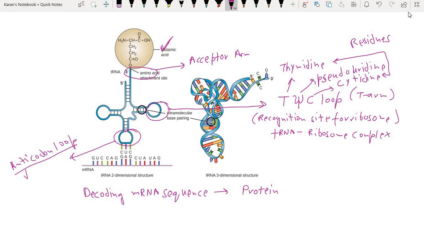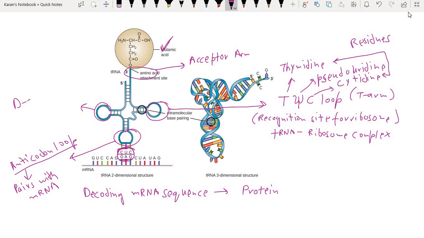So you can see in the structure, it is pairing with the mRNA. This anticodon loop has the CUC anticodon, which is getting paired with the GAG codon present in the mRNA, right?